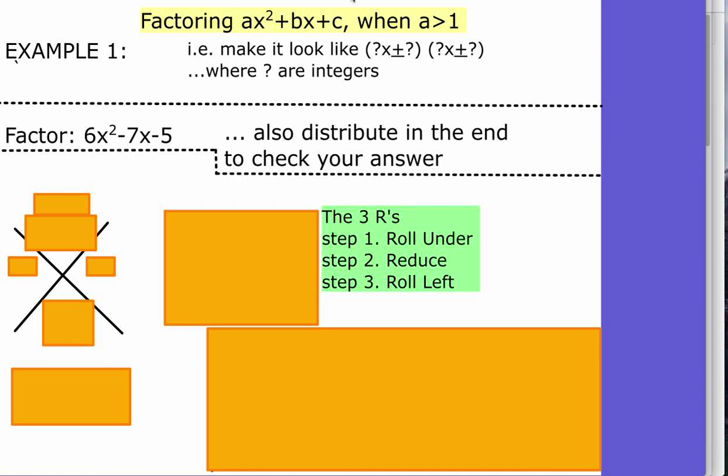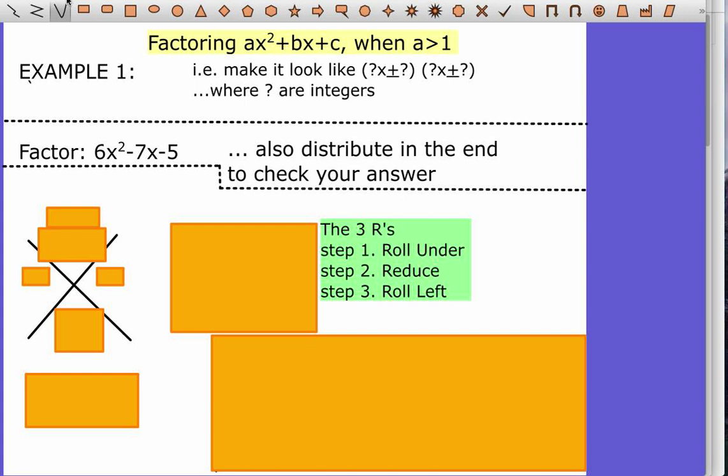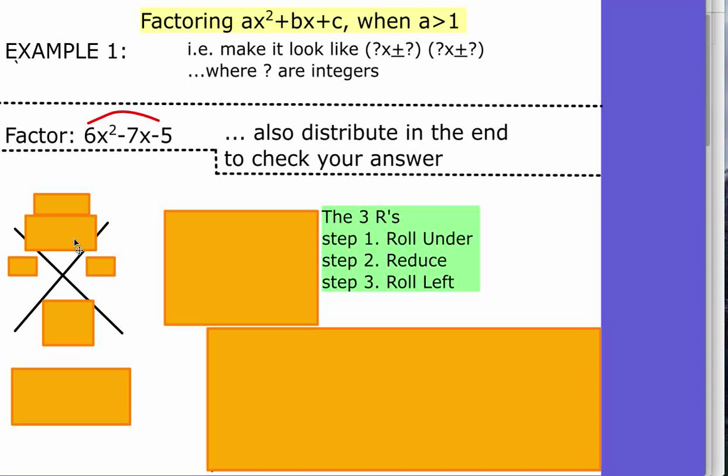What we're going to do to start this off is multiply this 6 and negative 5. So 6 times negative 5 is going to give us a negative 30. Let me highlight that in yellow.